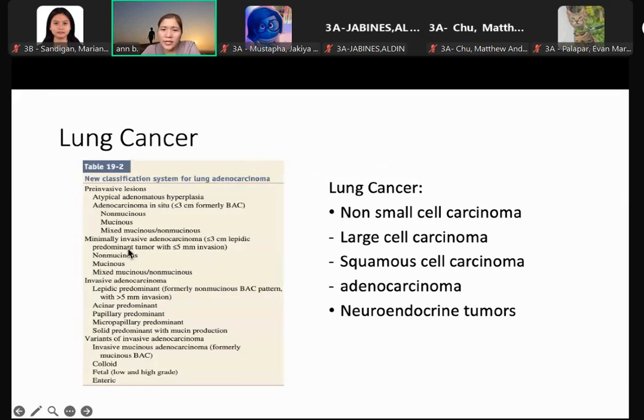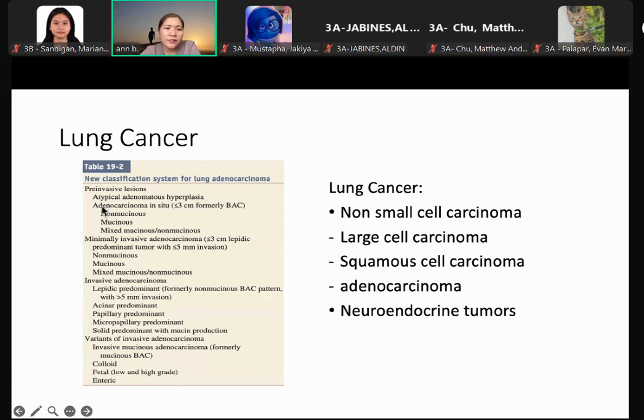This is for lung adenocarcinoma. But in generalities, when we say lung cancer, non-small cell lung carcinoma, we have the pathologic description, whether it's large cell, squamous cell, or adeno. In general, the common one is the non-small cell carcinoma. The other type would be neuroendocrine tumors.